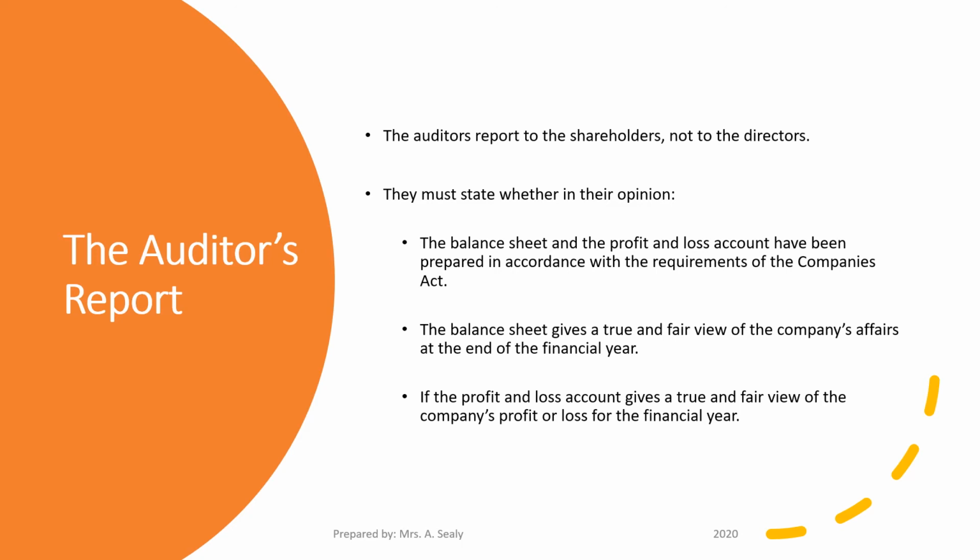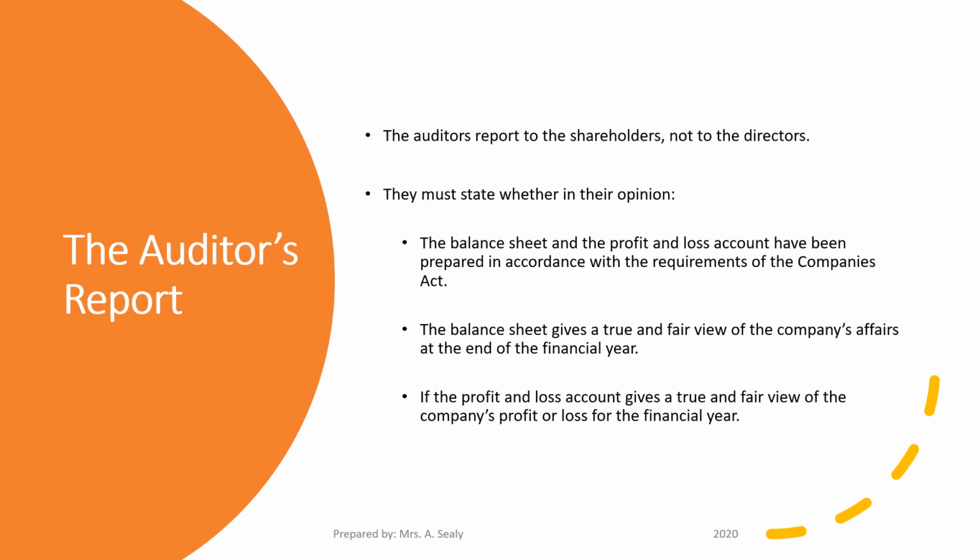And in their report, they are going to state, in their opinion, because the auditor's report is usually in the auditor's opinion, whether the balance sheet or statement of financial position and the income statement or profit and loss account have been prepared in accordance with the requirements of the particular Companies Act. So they have to state that these financial statements were, in their opinion, prepared in accordance with the requirements of the various Companies Acts.